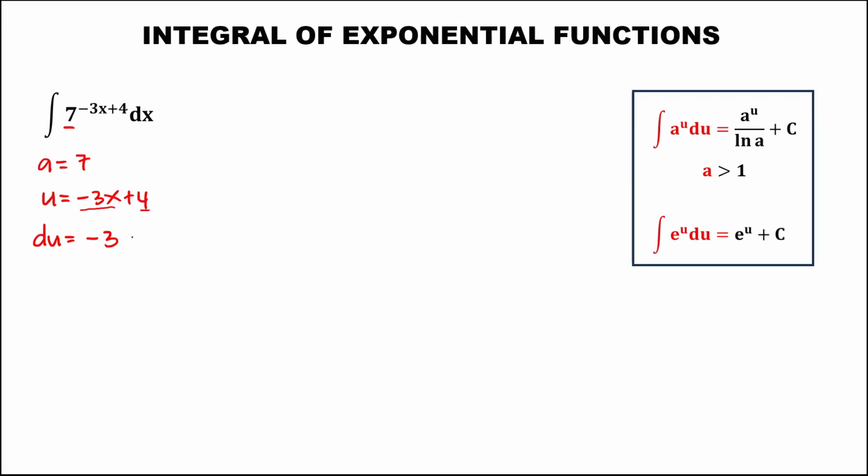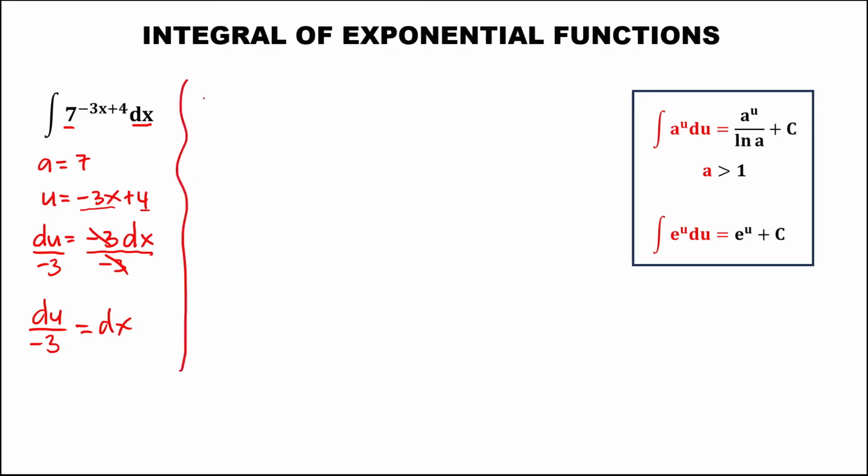So du is negative 3, then we need to add dx. To solve for dx, divide both sides by negative 3. So we have du over negative 3 equals dx.